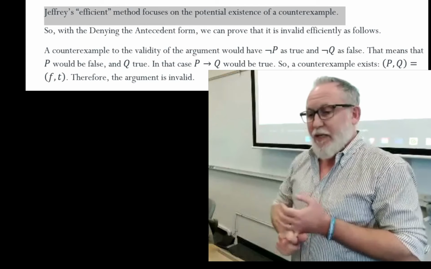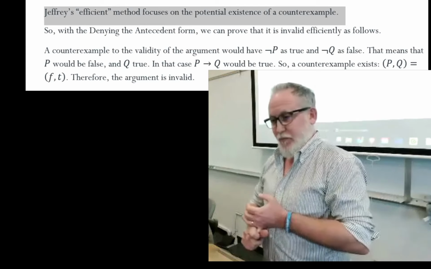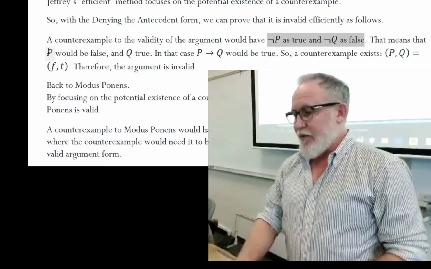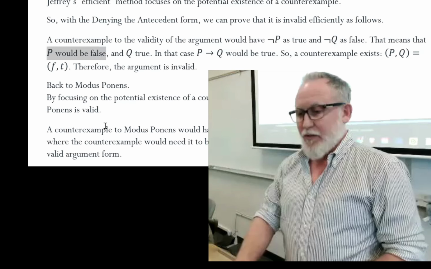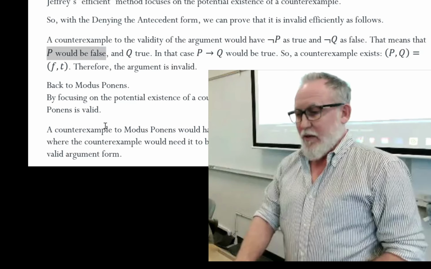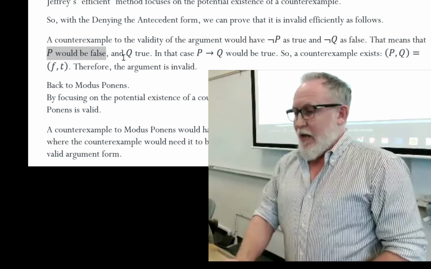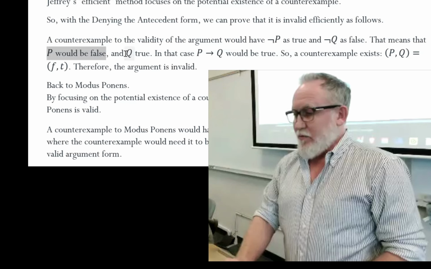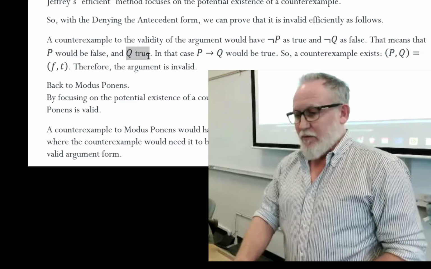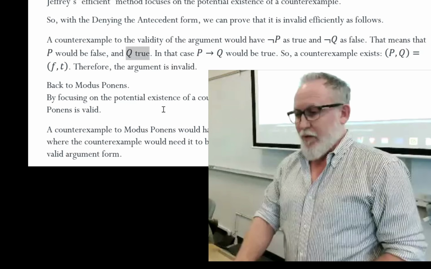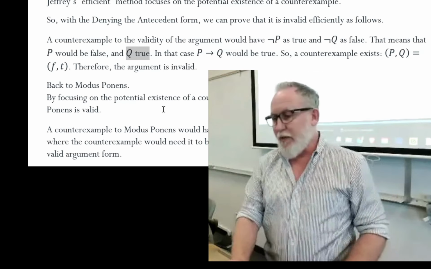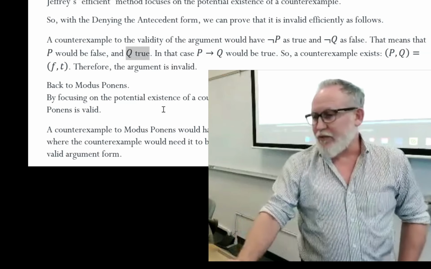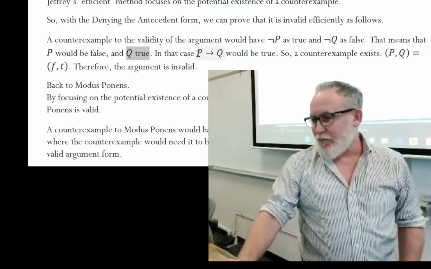That means that P would be false, right? If not P is true, then P is the opposite, P is false. And since not Q is false, Q also would be true. Both are true. And if we look at the lookup table in chapter 1 for the definition of material consequence, we see that this will be true.